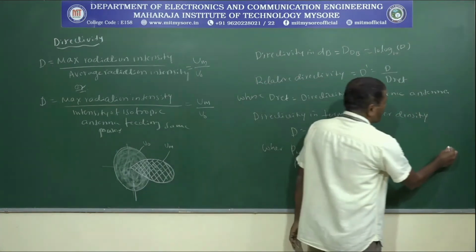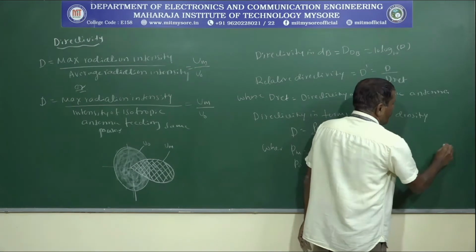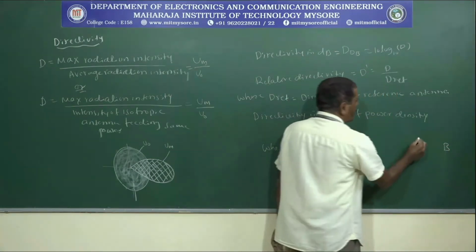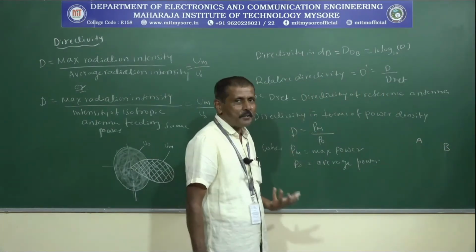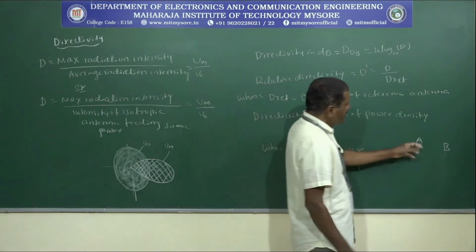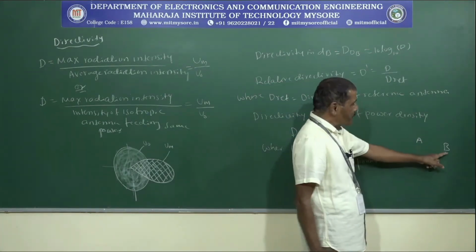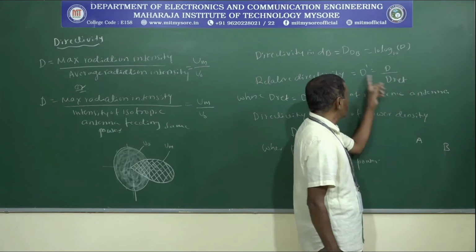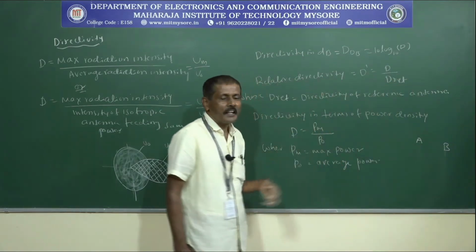That means, suppose B is your reference antenna and A is the antenna you want to test, then the directivity of this antenna divided by the directivity of the reference antenna is the relative directivity.